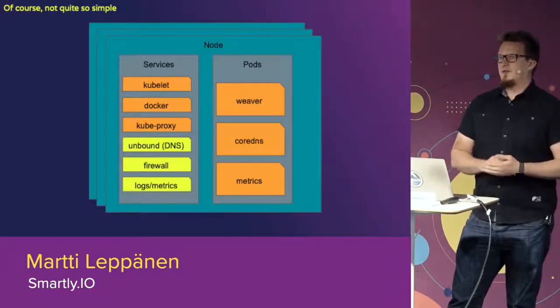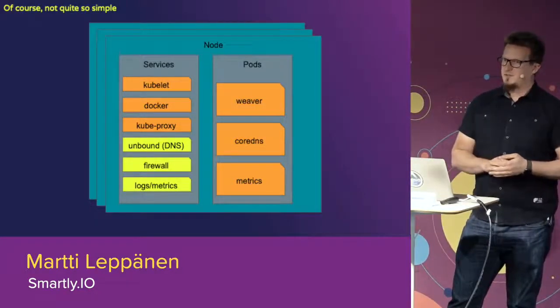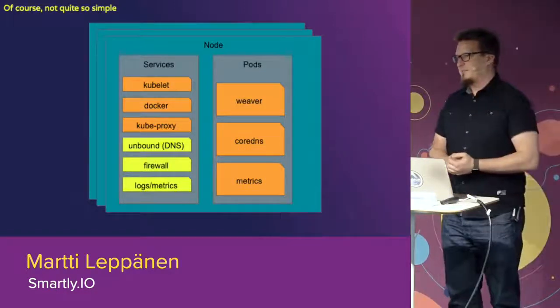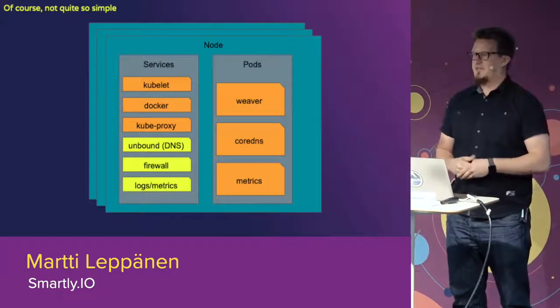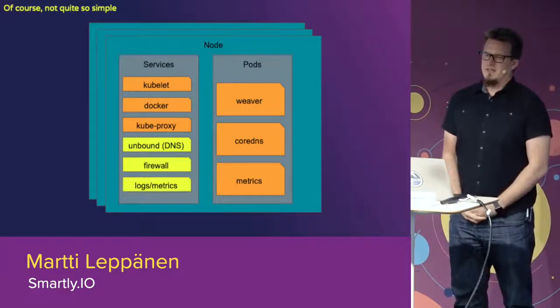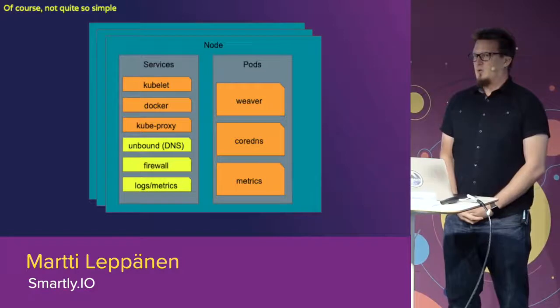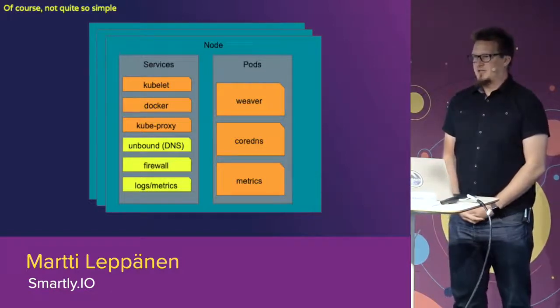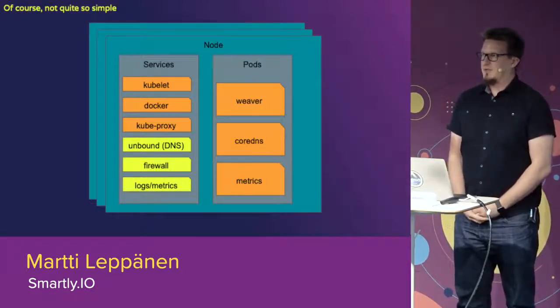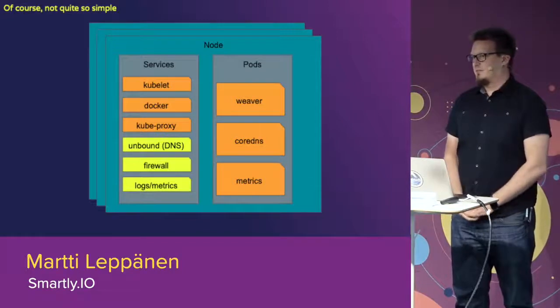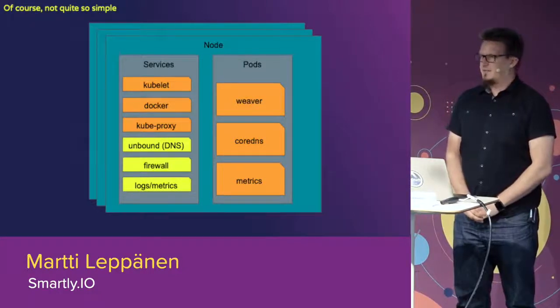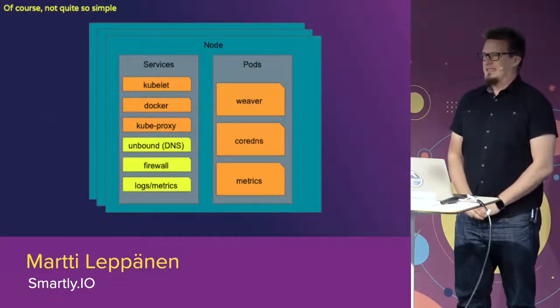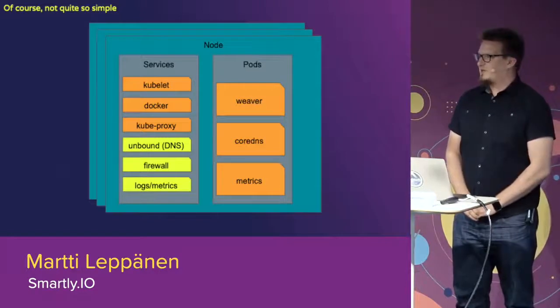Then you need the core DNS, which I talked about earlier. Kubernetes relies on the ability to have DNS names resolved within the cluster. You have to have a DNS server that is able to know which pod and which IP has which name, to be able to communicate between different pods and different services within Kubernetes. But core DNS in itself is not recommended to scale to every single node that you run.